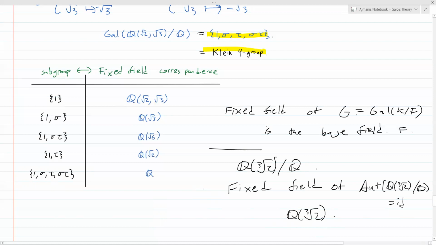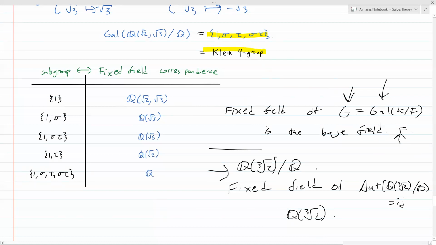So this is how bad this thing is from being a Galois group. I said this verbally, I didn't prove this yet, that you have a Galois extension when the fixed field of the automorphism group is just the base field. So you have enough automorphisms that ensure that nothing is being fixed other than the base field.